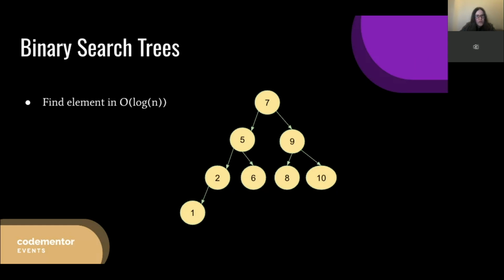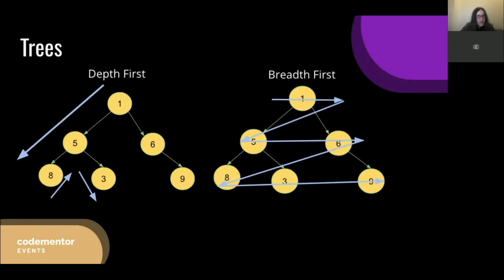Okay, so that's binary search trees, and how we are going to deal with trees. There are two main ways to do it. We can do breadth first, to traverse the tree going level by level, and depth first, when we first go into the deepest leaf, and so on.